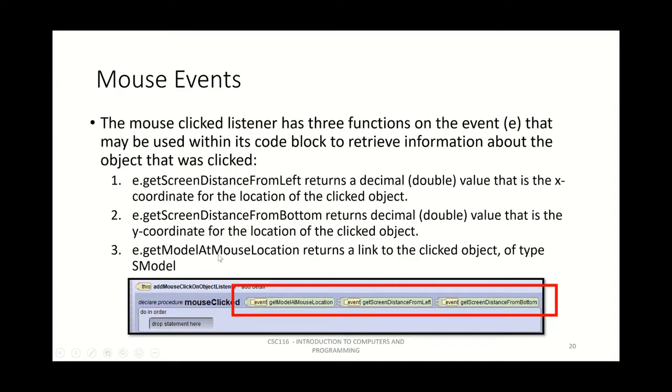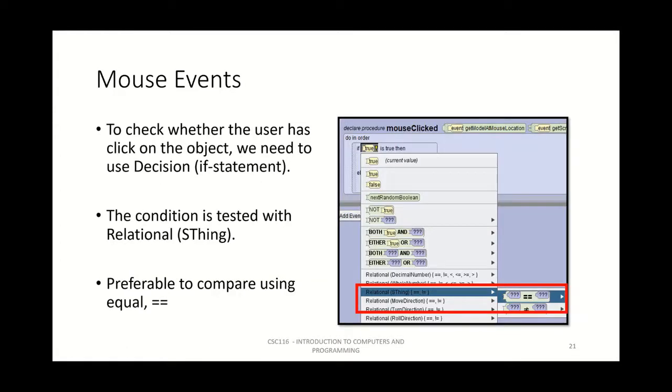And the last one, get model at mouse location, returns a link to the clicked object, meaning what will happen to the object when we click. To check whether the user has clicked on the object, we need to use a decision, which is the if statement.